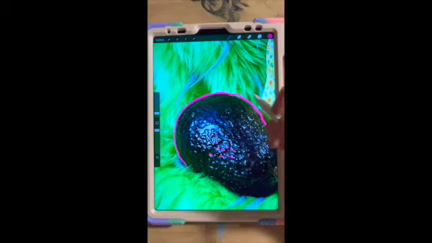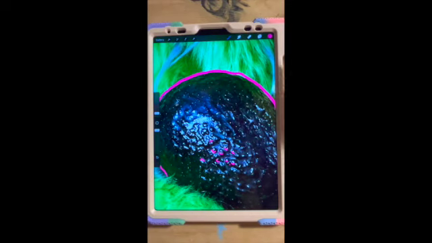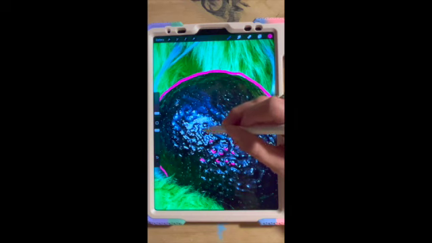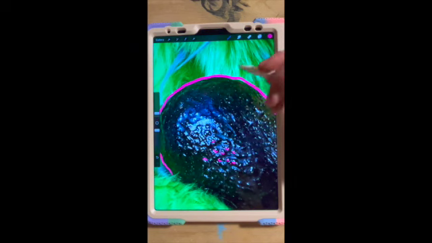Even though the light is coming from this direction, the bumps are still casting a shadow in a different direction. So not all of the bumps are going to have lines underneath them. Some of these bumps might have lines over here.